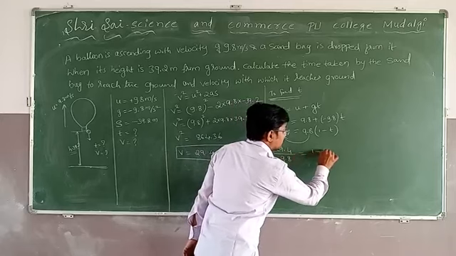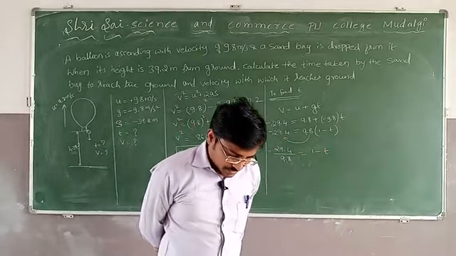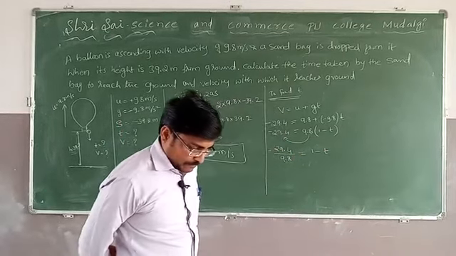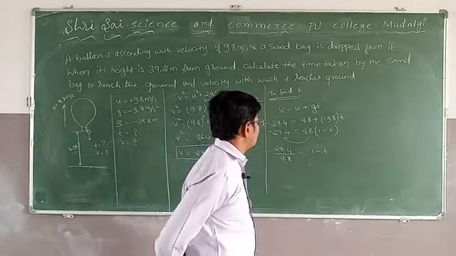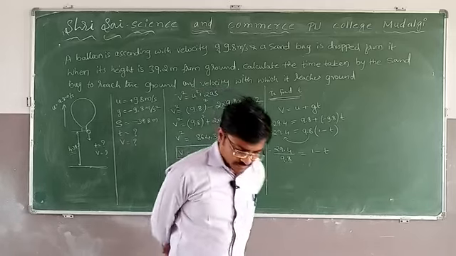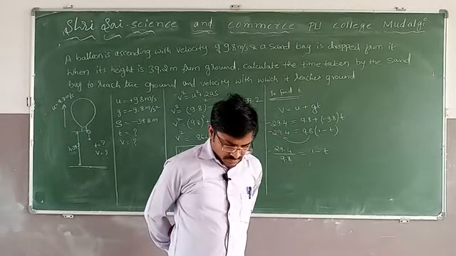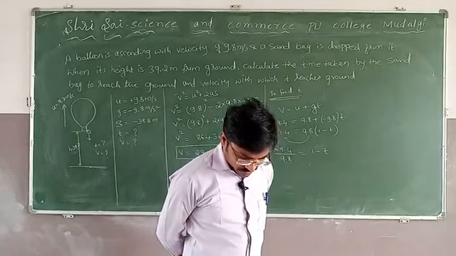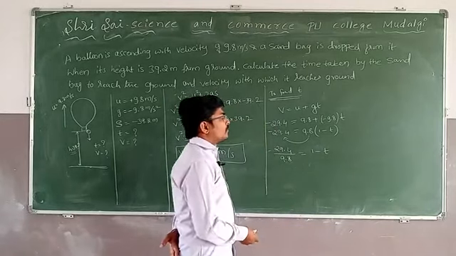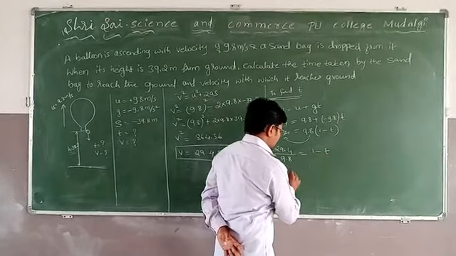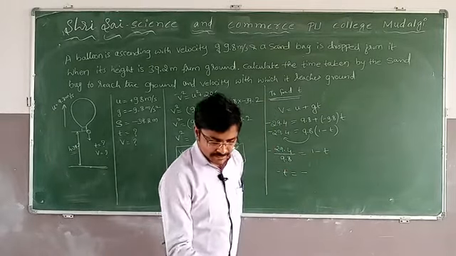Here 1 minus t. If you simplify this one, the final answer should be minus t equals minus 4 seconds.